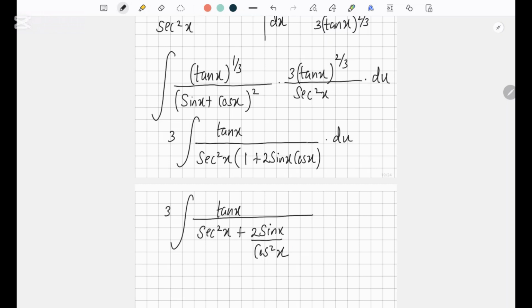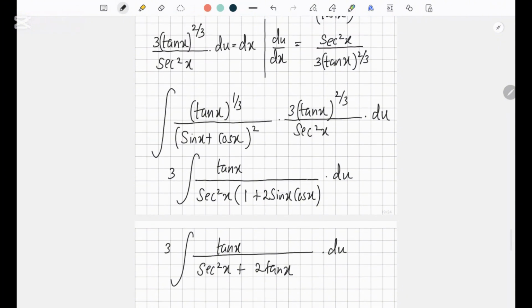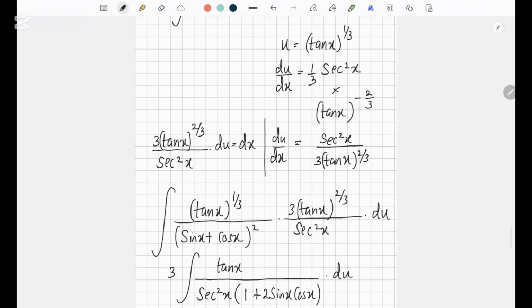So it's going to be 2 sin x over cos squared x into cos x, dot du. You can see these will cancel off, and you'll have sin x over cos x, meaning it would be 2 tan x, right?